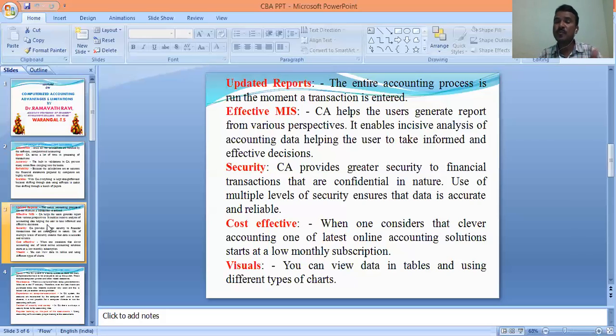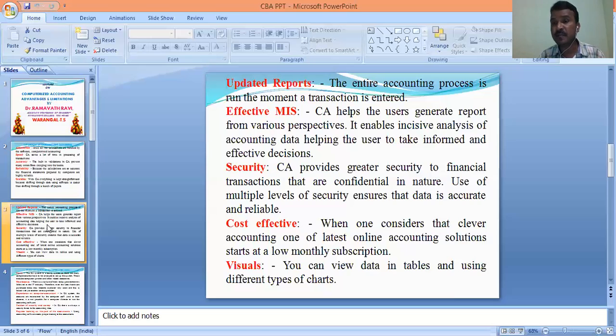Based on that, management can analyze and interpret it. So the audience can easily understand, and top-level management can spend just a few minutes and understand very easily within a short time.